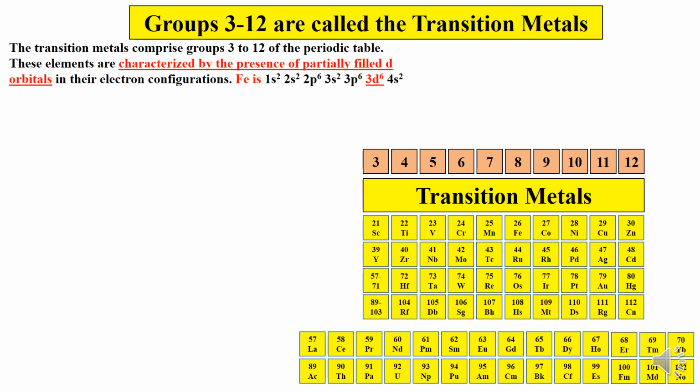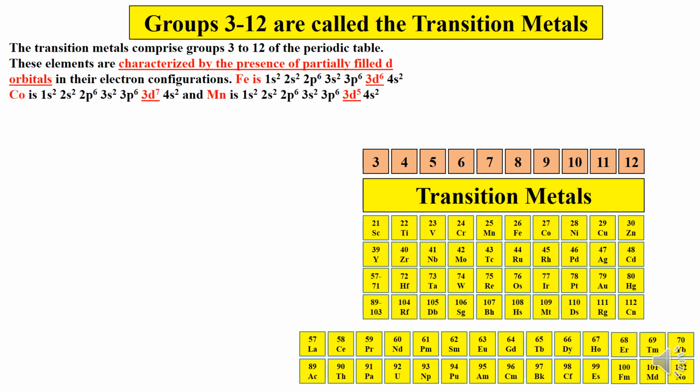Now a d orbital set can accommodate a maximum of 10 electrons. The d orbitals have 5 subshells and each subshell can accommodate up to 2 electrons, not more than 2. So d orbitals can accommodate up to a maximum of 10 electrons. In the case of iron, you can find only 6 electrons filled in the d orbitals.